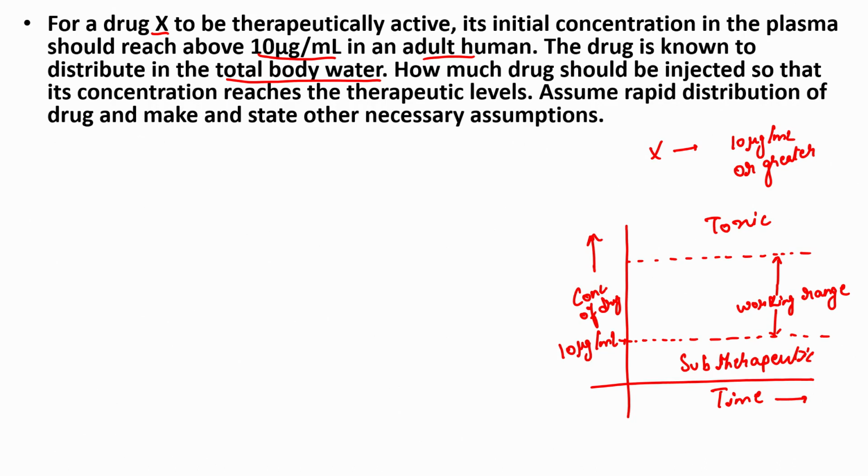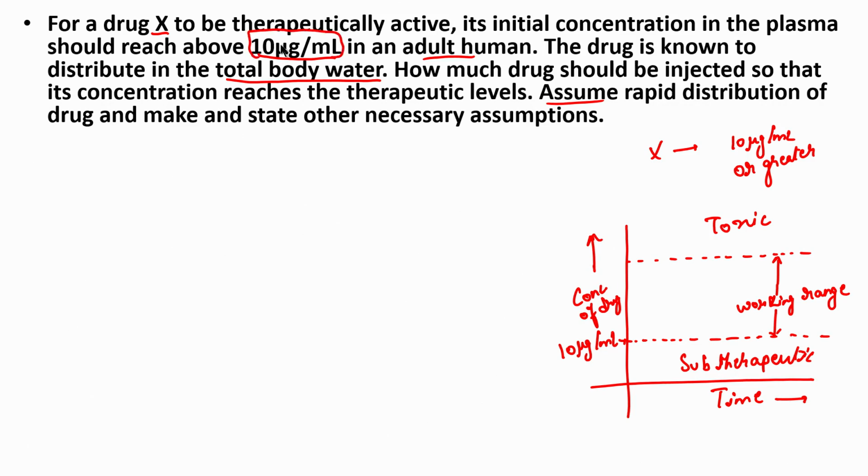And then the question asks us to assume that the drug is rapidly distributed and state other necessary assumptions. So, obviously, if we talk about a real clinical scenario, we need a lot more information which is not given in this question, because technically we should know what the elimination rate is, right, because let us say I inject a drug, but even before it goes to the 10 μg per ml it starts eliminating also.